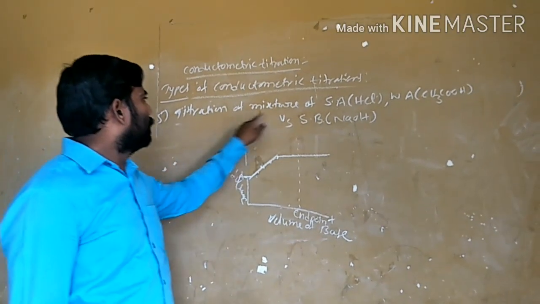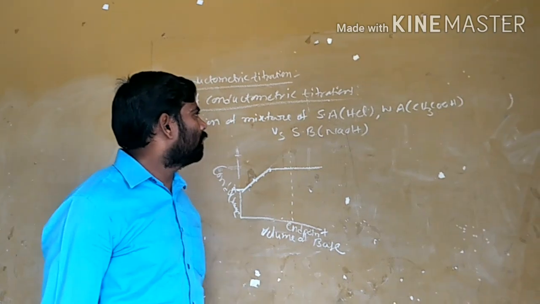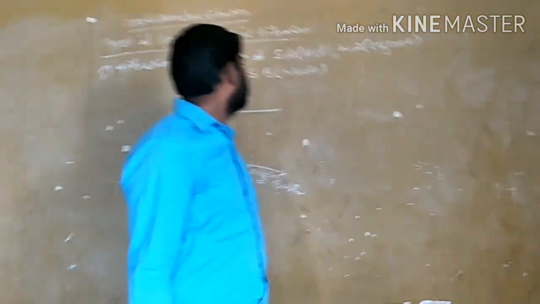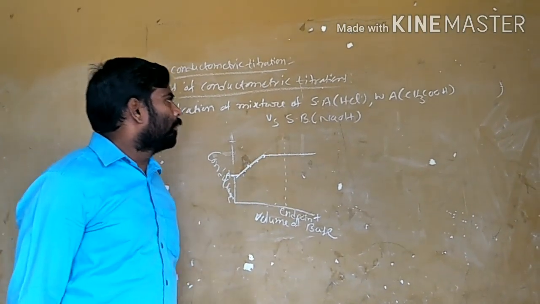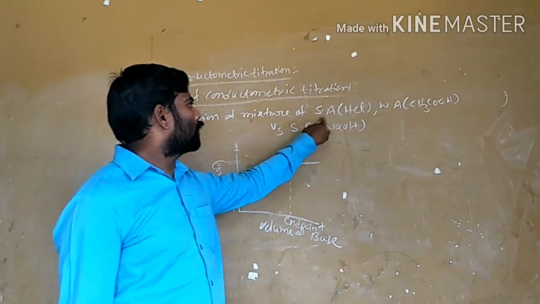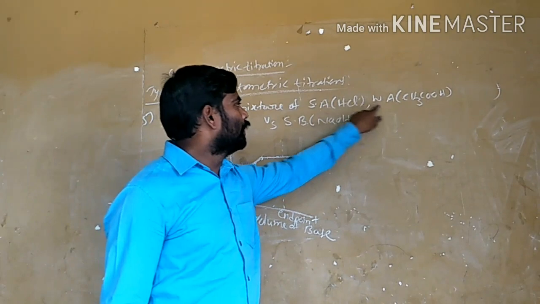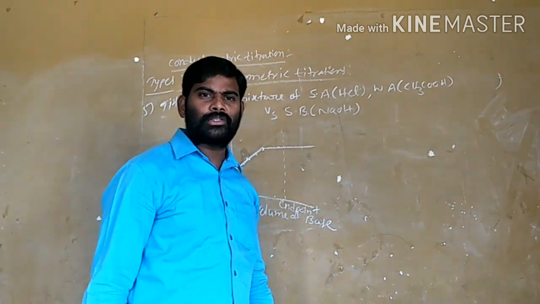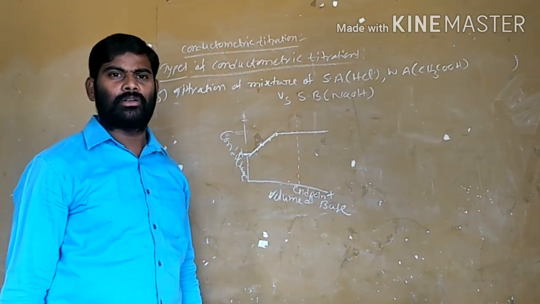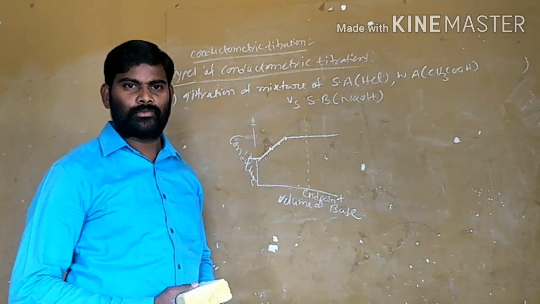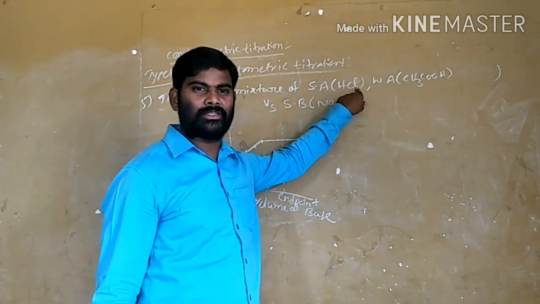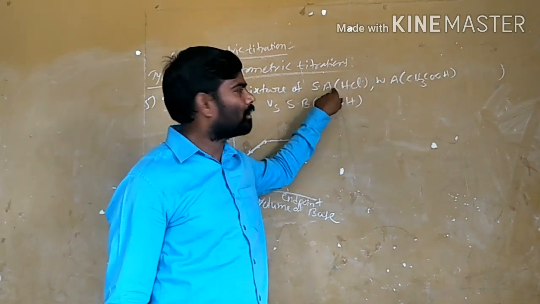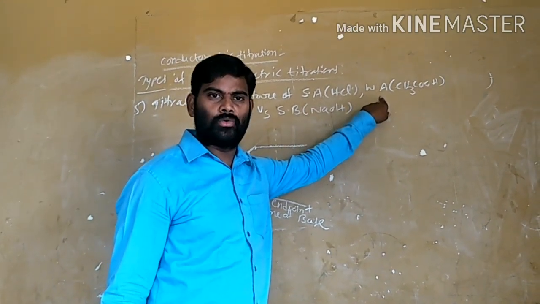Titration of a mixture of acids, strong acid and weak acid, versus strong base. In the presence of a strong acid, the dissociation of weak acid is completely suppressed due to the common ion effect. This means first neutralization of the strong acid starts, and then after the complete neutralization of the strong acid, the weak acid undergoes neutralization.